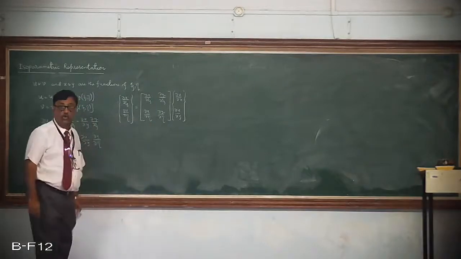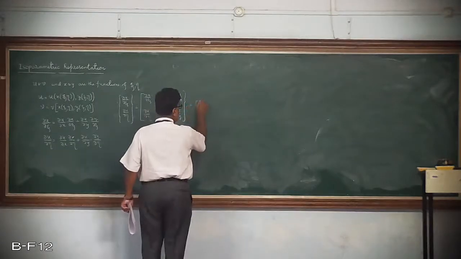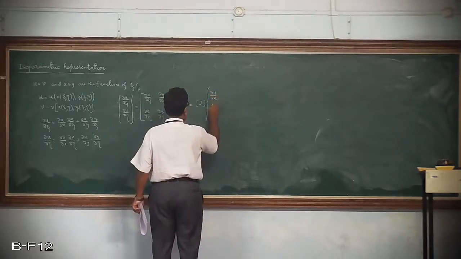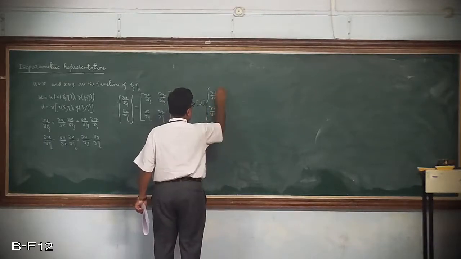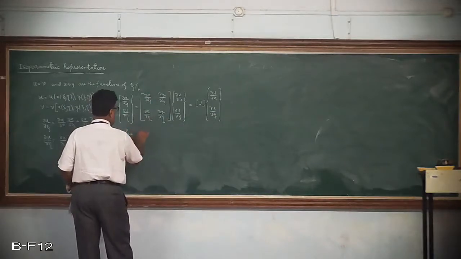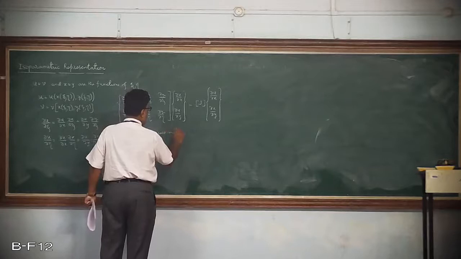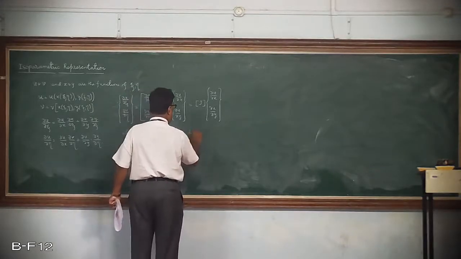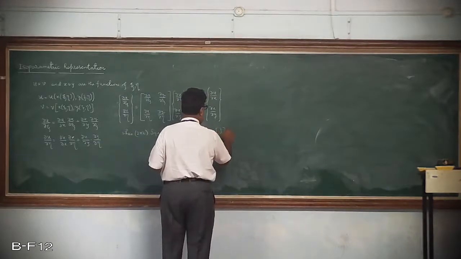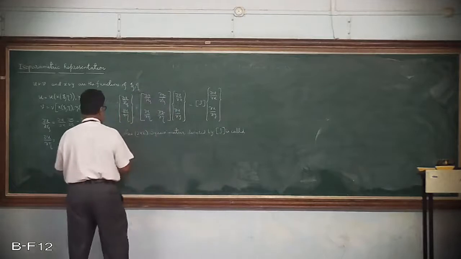It is called the Jacobian of transformation or Jacobian matrix. I can rewrite this as J, the matrix, where J is a 2 by 2 square matrix denoted by J, called the Jacobian of the transformation.